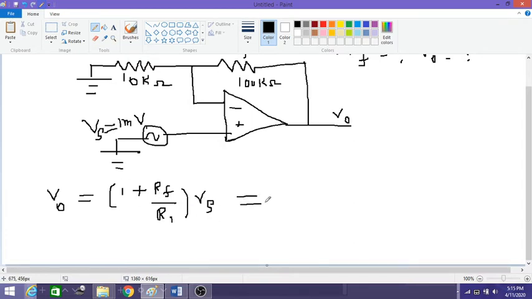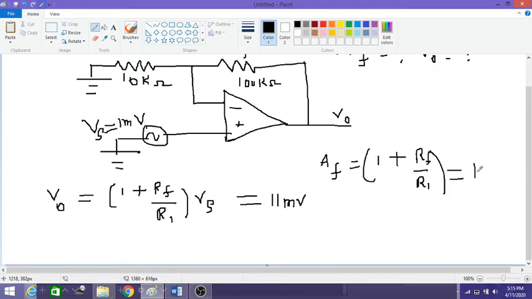Then finally we will get the output voltage as 11 millivolts, and AF is nothing but 1 plus RF by R1. We substitute the values, then we will get this is equal to 11. Simple analysis, isn't it?